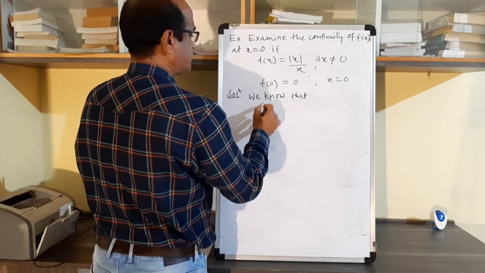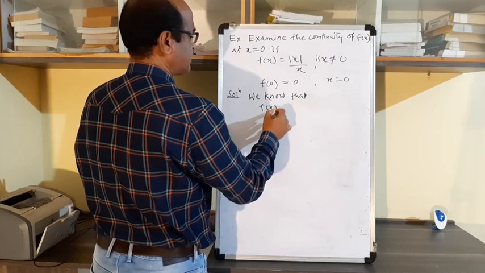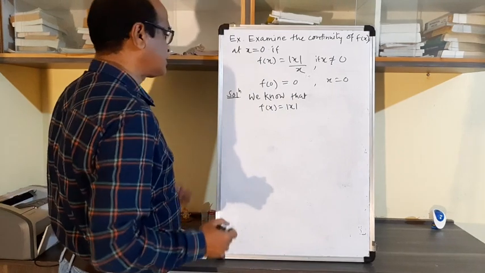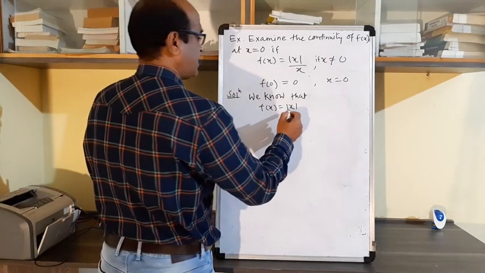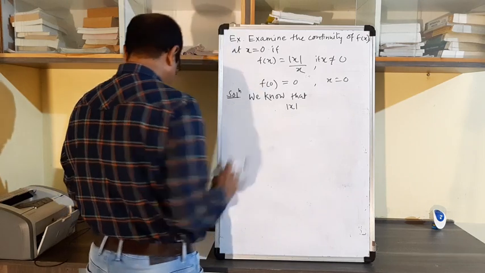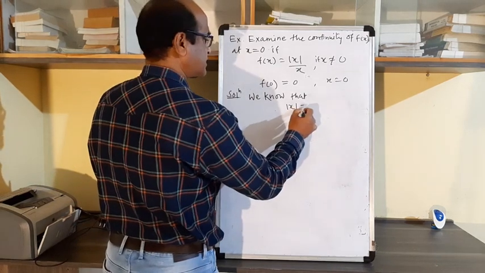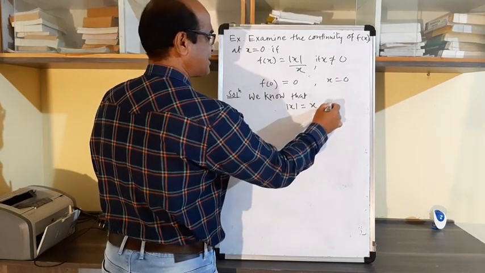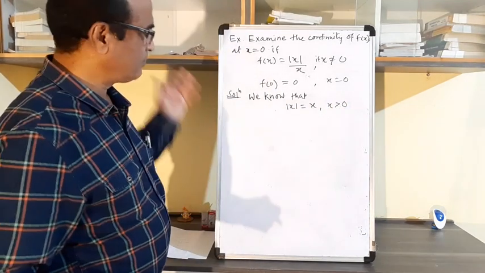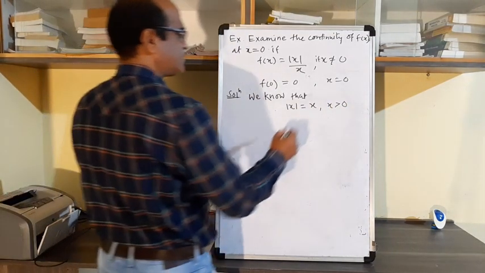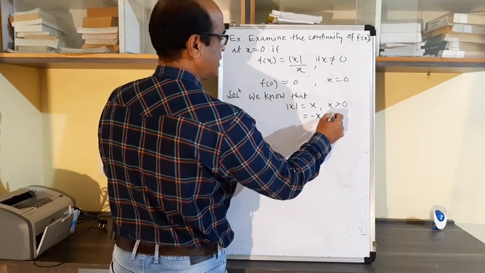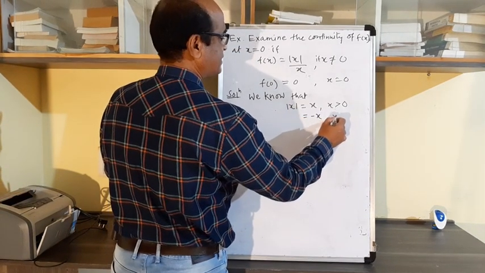The definition of mod x is x when x is positive, and mod x is minus x if x is negative.